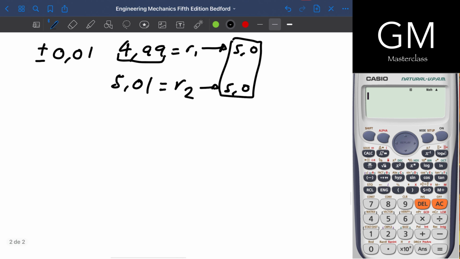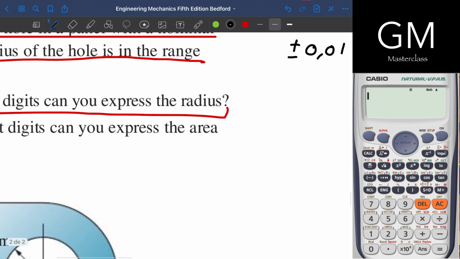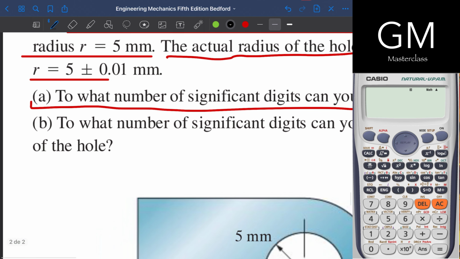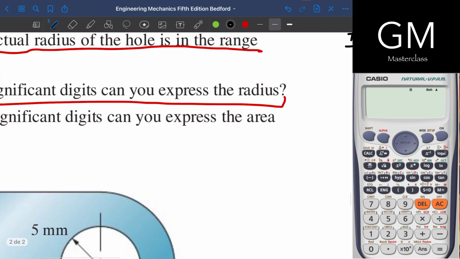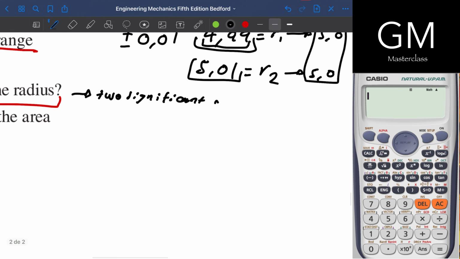I just have to use 2 significant digits in order for the 2 numbers to be the same, actually. So that is the answer: 2 significant digits.